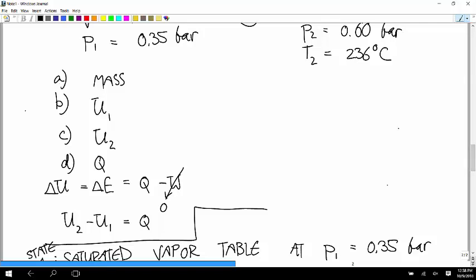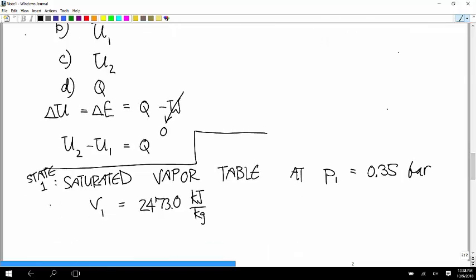So first we want to find the mass for part A. Oh, I see, yes, thank you. I wrote down the wrong thing. Exactly. Okay, so V1 is 4.526 cubic meters per kilogram.